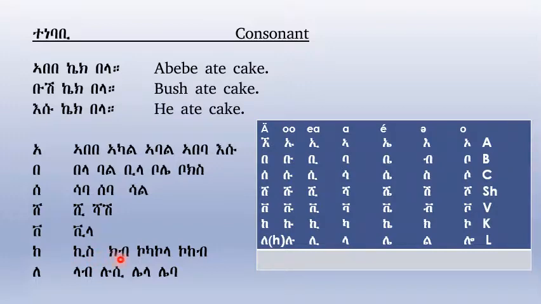Kib, circle. Coca-Cola, Coca-Cola. Kokeb, star. Lab, sweat. Lucy, a name of the oldest human creature found on Earth. She is found in the Ethiopian Museum, and her name is Lucy. Lela, other. Leba, thief. Let's read again.